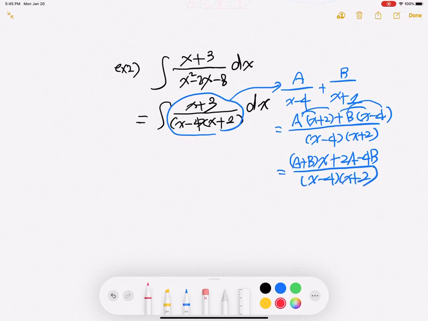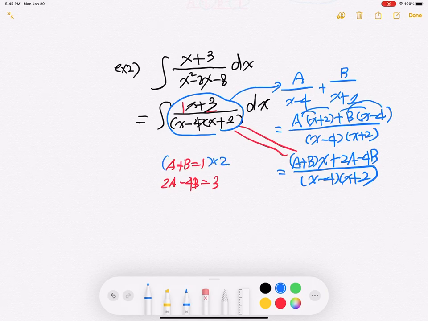And then this fraction form must be equal to the original one. That means what? A plus B should be 1 because it is 1x. And then 2A minus 4B should be equal to 3 because of the x plus 3 over there. I want to use elimination. I want to multiply the first equation by 2.